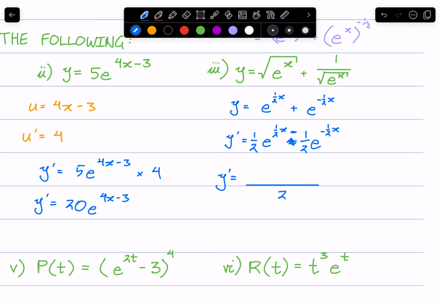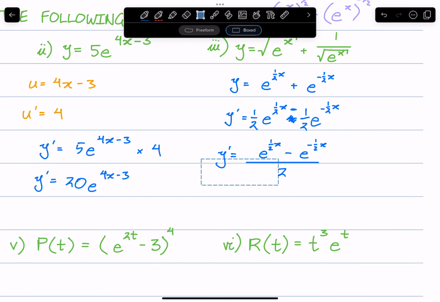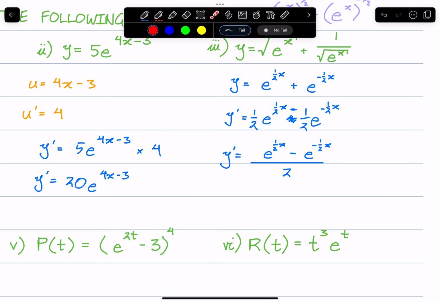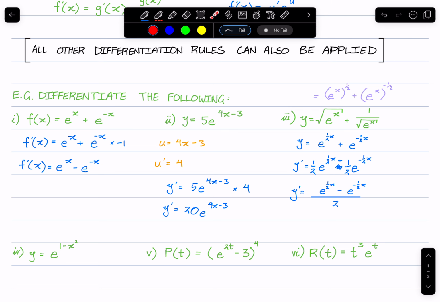This first one's going to be e to the power of half x, and the second one will be minus e to the power of negative half x. I'm just going to leave it like this. There are different ways that we can simplify this, but this is simply the chain rule.